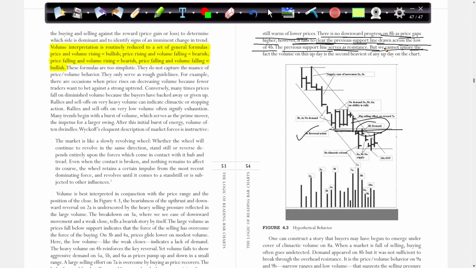But we cannot ignore the fact that the volume on this up day is the second heaviest of any up day on the chart.